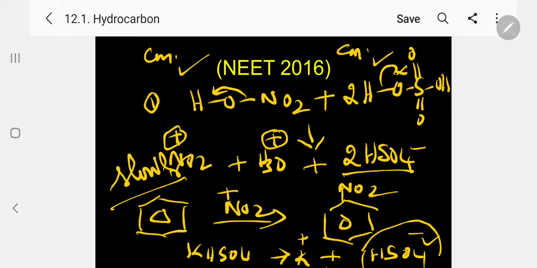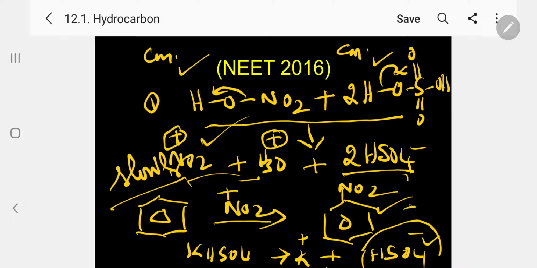Let me repeat again, kindly follow. This is the attacking reagent, a 1:2 mixture. When I mix, I get these species: NO2 plus, H3O plus, and 2HSO4 minus. These two are electrophiles. This is the nucleophile. The electrophile NO2 plus fast attacks the benzene to produce nitrobenzene, and correspondingly H plus comes out.